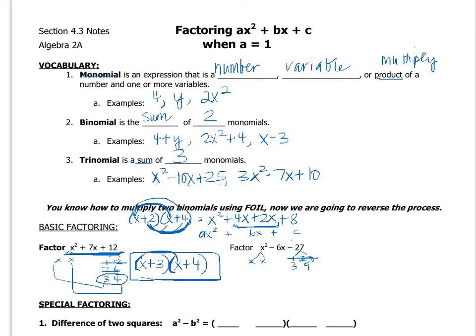Now in order to get a negative 6, the bigger number has to be negative, the negative 9, because negative 9 plus 3 equals negative 6. So one x goes with a positive 3, so an x plus 3. One x goes with a negative 9, so x minus 9. And if I were to FOIL this, I would get back to the original x squared minus 6x minus 27.